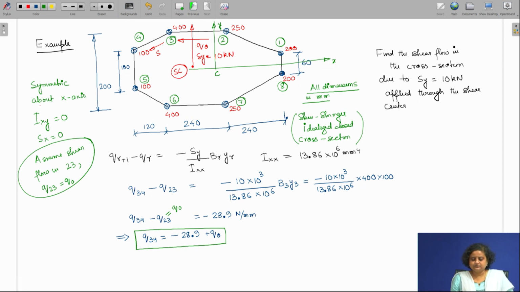Now, let me just write it down here. So, Q34 is minus 28.9 plus Q0. Then let us similarly find out the other shear flows.